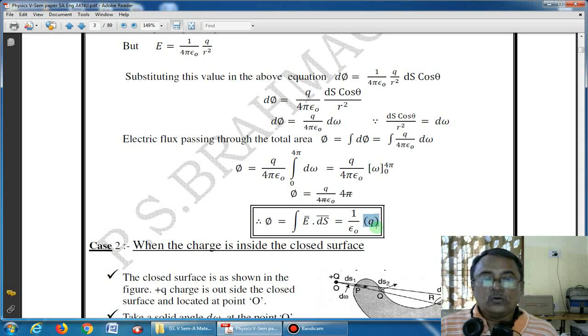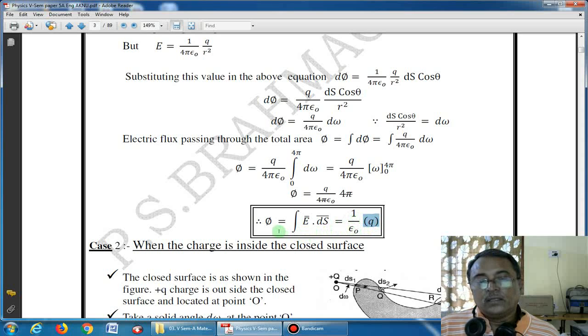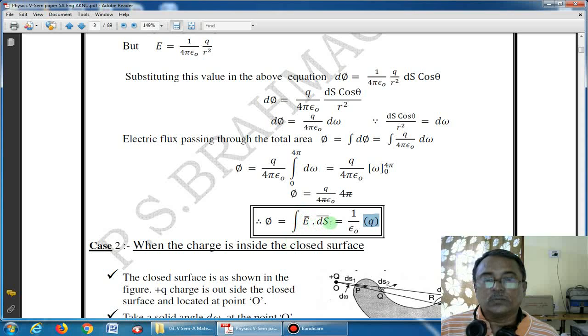If there are two charges within the closed surface, let q1 and q2, then the equation will come out as phi is equal to 1 by epsilon naught into q1 plus q2. We know already this phi is equal to E into A, or we can write this as integral E bar dot ds bar.